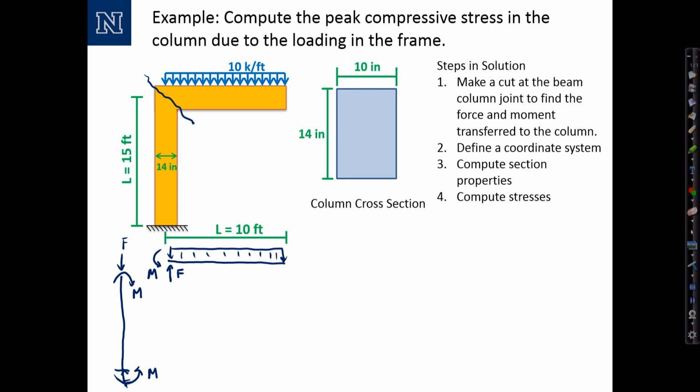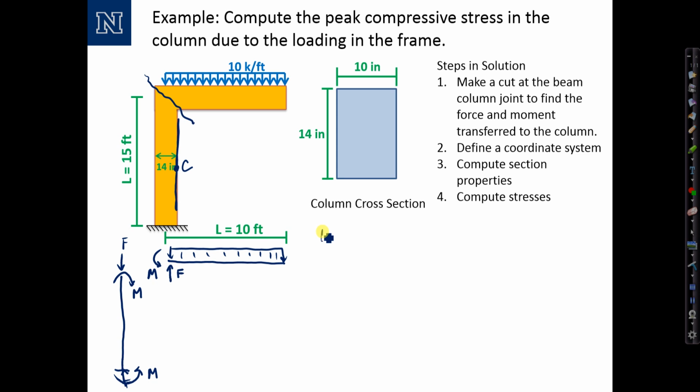Okay? The maximum compressive stress is going to occur on this interior side of the column. That's the compression side of the member. Anywhere along that section should develop the same stress in compression. So let's go ahead and proceed.